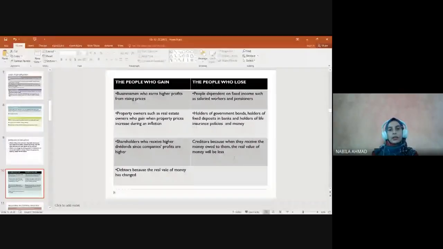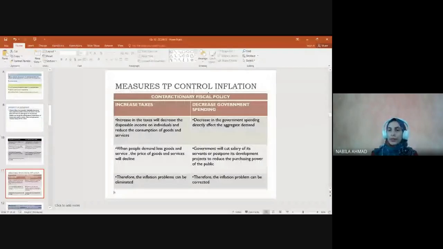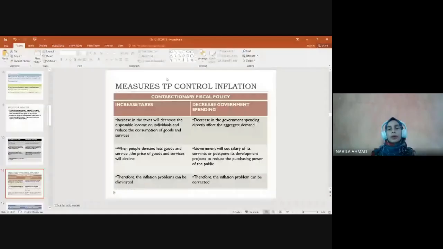Okay, so now kita nak tengok how to control inflation. So how kita nak guna public policy tu, kita nak guna policy tu to control inflation.